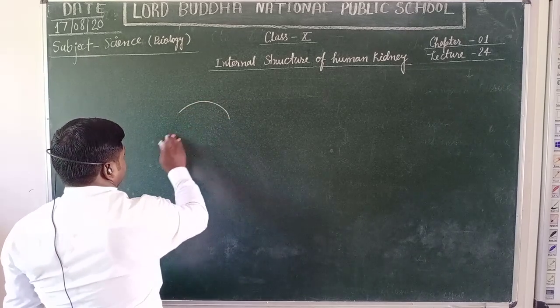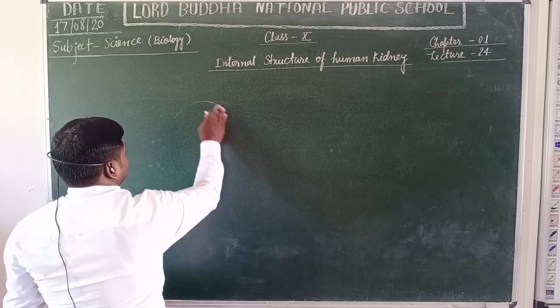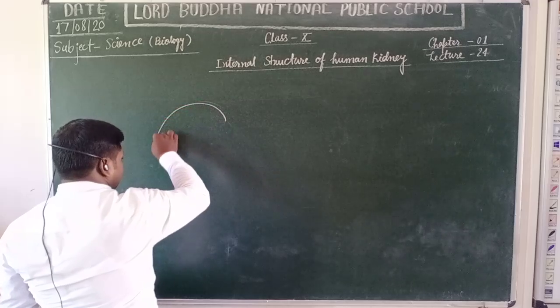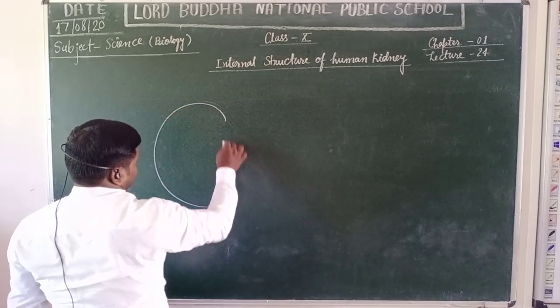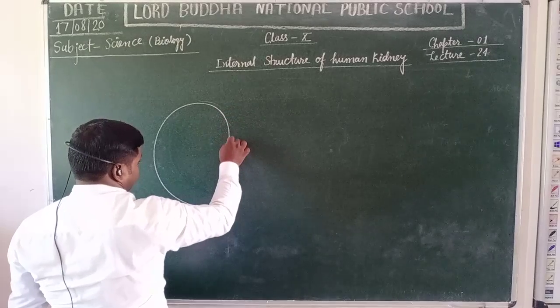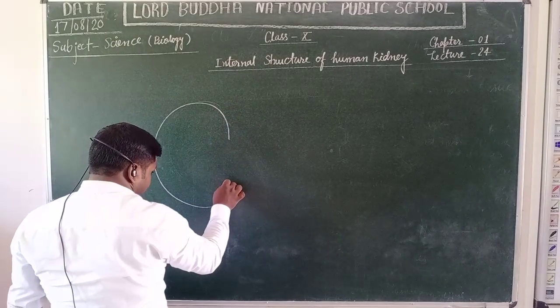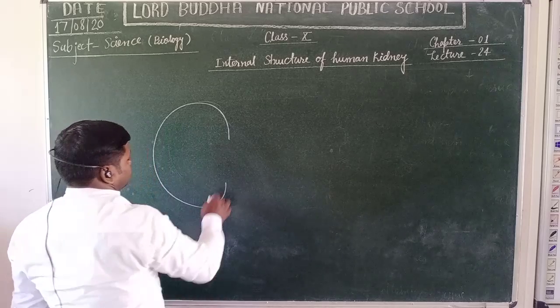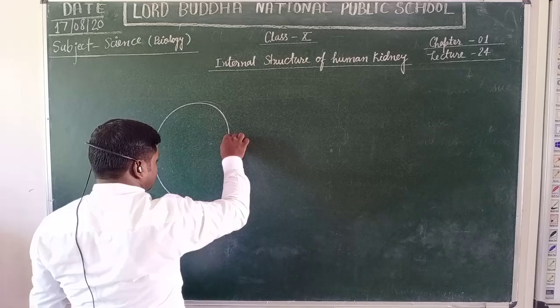As all of you know, the human kidney is bean shaped. Its anterior part is somewhat convex, whereas the medullary part is somewhat concave, just like the structure of a bean.